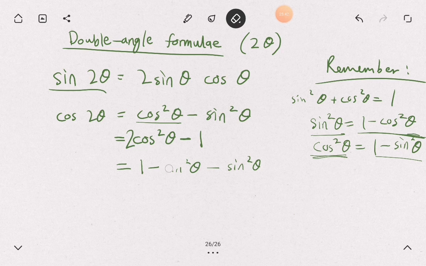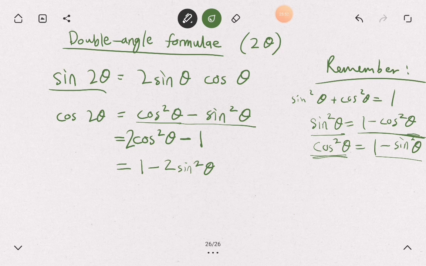So this is just 1 minus 2 sine squared theta. Alright, so these are the three equations that you can come up with. Cos 2 theta is either cos squared minus sine squared, or you can also write it as 2 cos squared minus 1, or you can write it as 1 minus 2 sine squared.